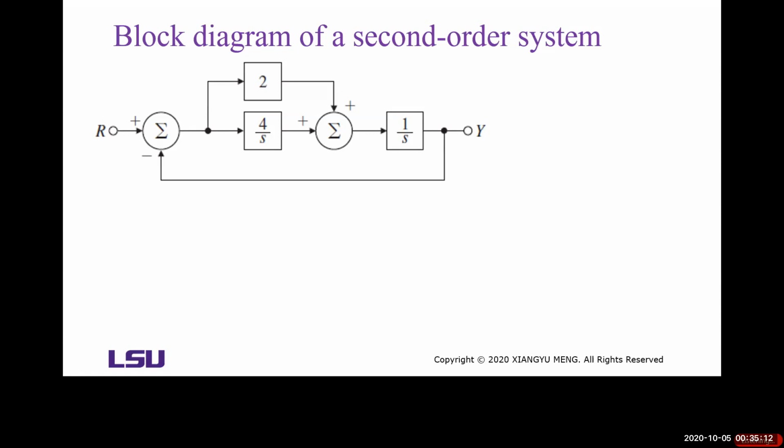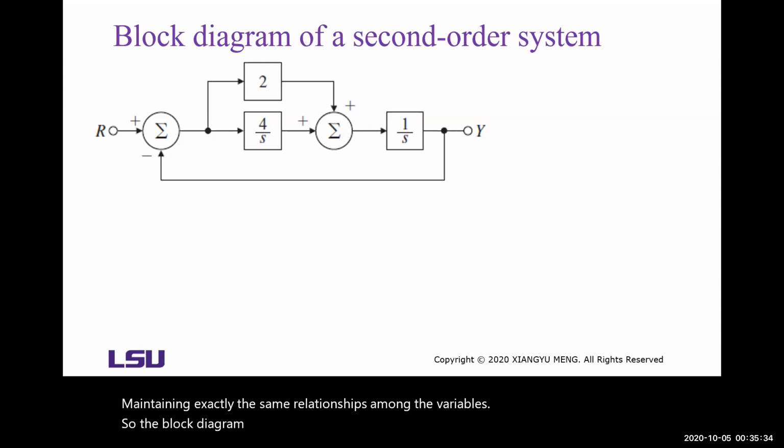The basic principle of block diagram reduction is to simplify the topology while maintaining exactly the same relationships among the variables. So the block diagram reduction is a pictorial way to solve the algebraic equations by eliminating variables.